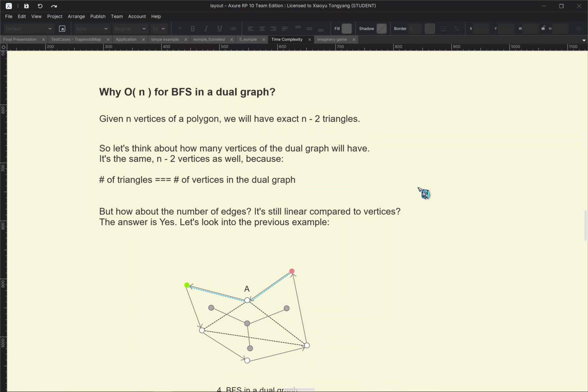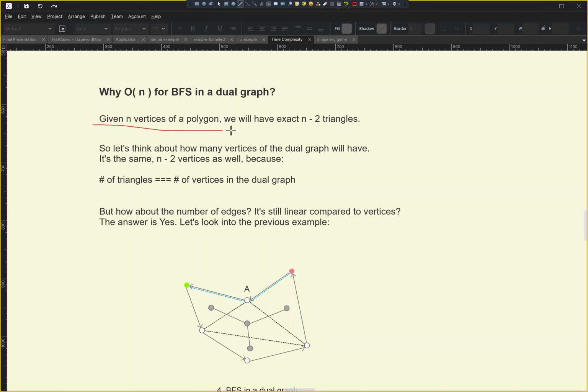Let's talk about the third algorithm, running breadth first search in a dual graph, and analyze its time complexity. We will see why it's linear. So first consider, given n vertices of a polygon, how many triangles we will have after the triangulation?